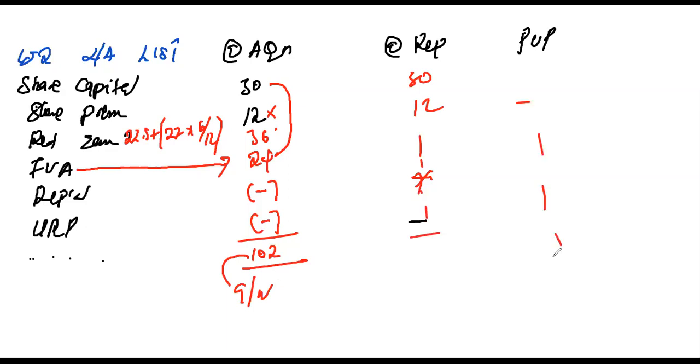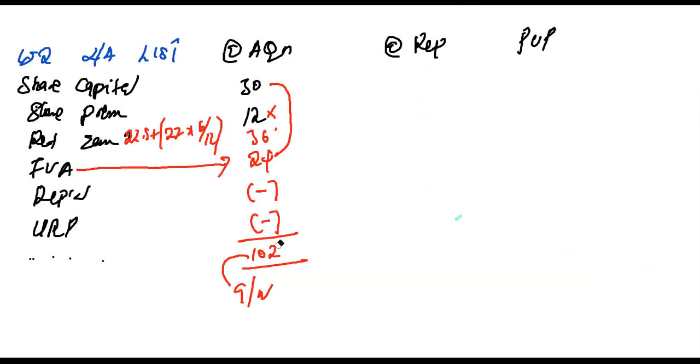Then we use this figure to get the PAP, to get the NCI, and also to get the group retained earnings. We could have done that, but for the purpose of this question, we don't need those workings, so I'm not going to bother you with those. We just follow the same format for the consolidated one. There's a video on YouTube already, so you can watch them for the other parts. But in this question, we are going to restrict ourselves to this.